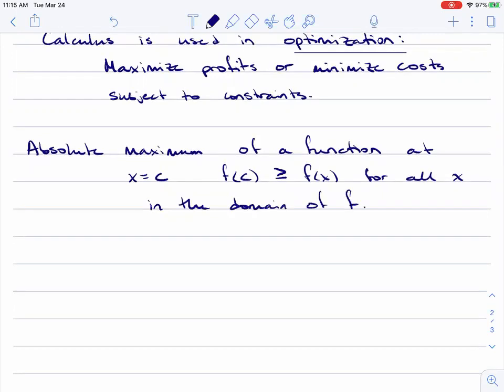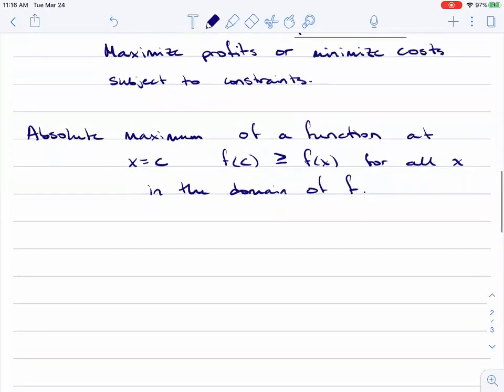You know what a maximum is, right? It's the largest number. But just how we say it mathematically, right? We have to determine it mathematically. And so if the maximum is at x equals c, then f of c is larger than all the other f of x's.